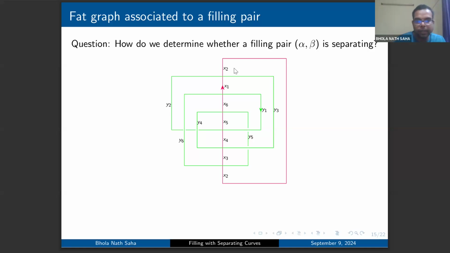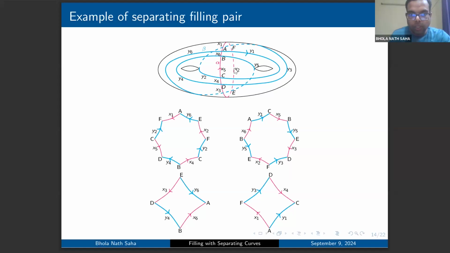A fat graph means a graph with some ordering at the edges emanating from each of the vertices. Here we can see that this is a four-valent graph, and the orientation of the surface gives an ordering on the edges emanating from each vertex.